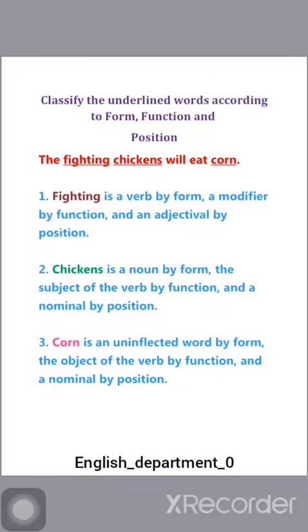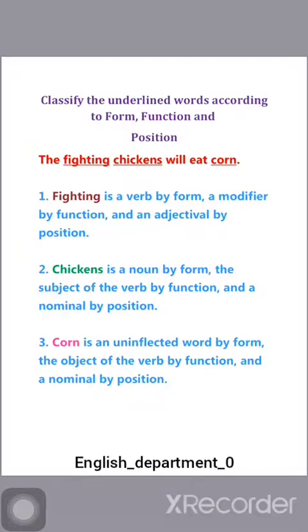I will classify fighting according to form, function, as well as position. And again, we will classify chickens according to form, function, and position. And the same will be applied to corn. That's to say, I will classify it according to these three modes of classification. Okay, so: the fighting chickens will eat corn.